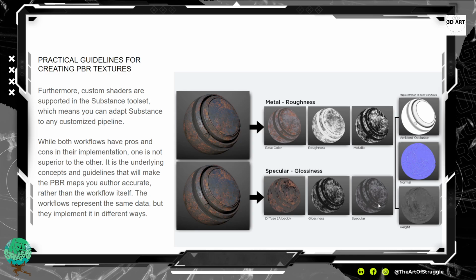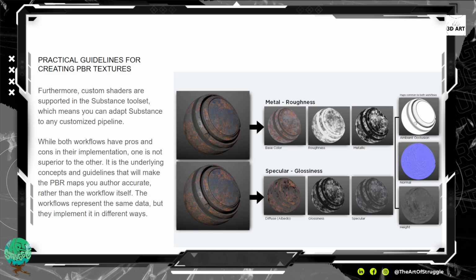All right. So furthermore, custom shaders are supported in the Substance toolset, which means you can adapt Substance to any customized pipeline. While both workflows have pros and cons in their implementations, one is not superior to the other. It is the underlying concept and guidelines that will make the PBR maps you author accurate, rather than the workflow itself, right?